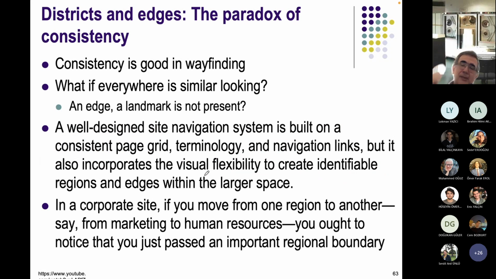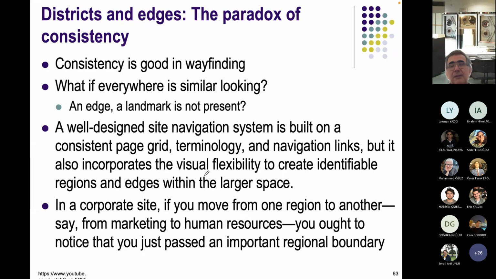Districts and edges: if every place is looking the same, like askeri lojman, like military barracks, you cannot find your destination. So when you are going through the corporate side, if you move from one region to another, from marketing to human resources, yes, there should be some similarity, but there should also be some differences so that you know where you are.